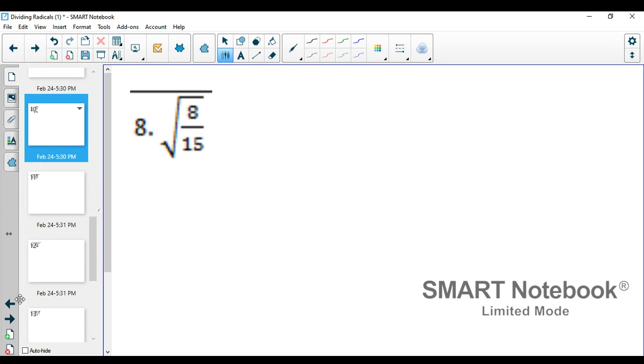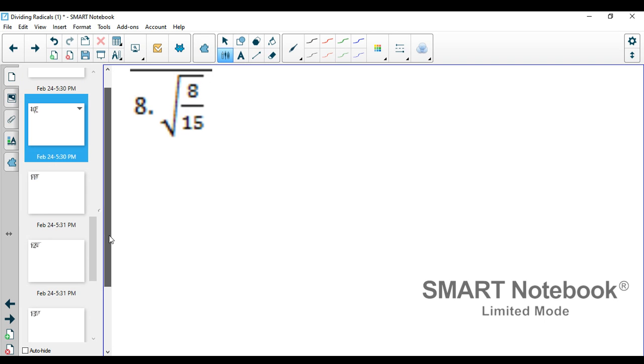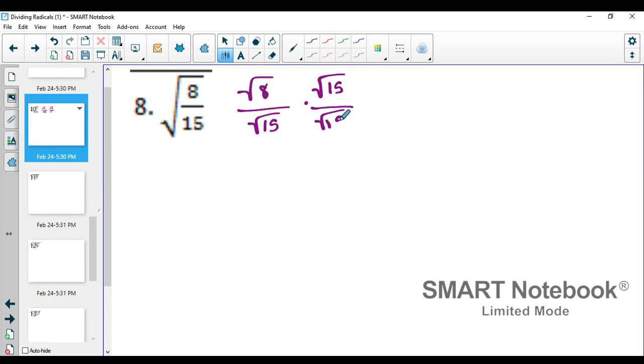All right, so for number 8, we're going to rewrite this slightly. Okay, so instead of leaving it as the square root of the whole thing, we're going to make it the square root of 8 over the square root of 15. All right, and now we're going to rationalize the denominator by multiplying by the square root of 15 over the square root of 15. So 8 times 15 is 120.